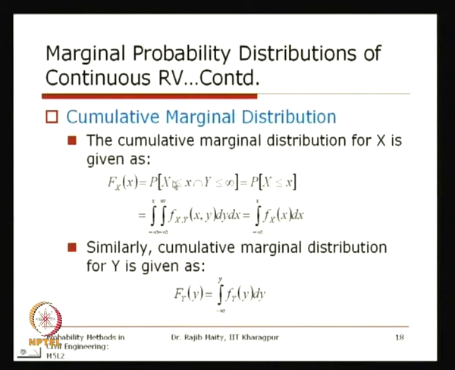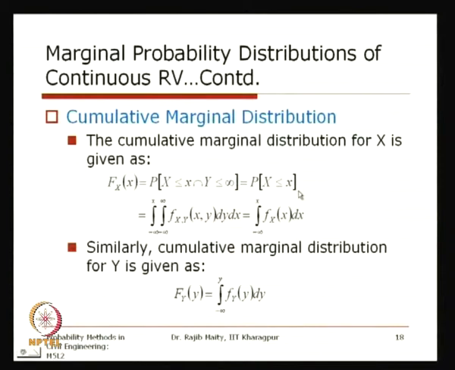Now what does the cumulative marginal distribution from the joint distribution mean? F_X(x) is equal to probability of X less than or equal to some specific value x and Y less than or equal to infinity. Y less than or equal to infinity means it is covering the entire possible range of y, which is nothing but the probability of X less than or equal to x.